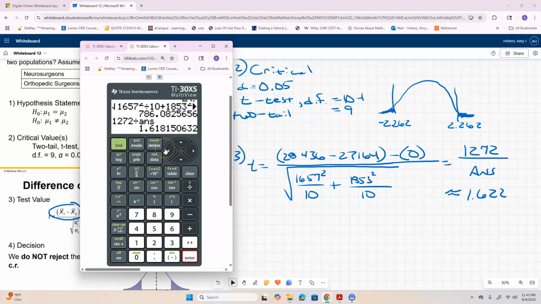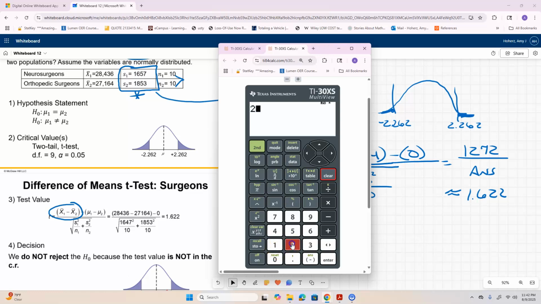So it's 1.6. I got a little different than what the slide says. Let's double check this. So we have 28,436 minus 27,164. Okay, so that number's the same.